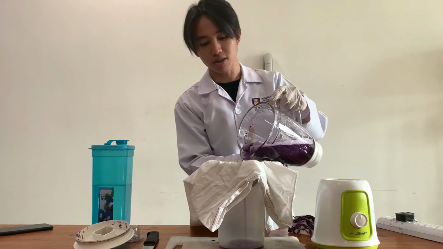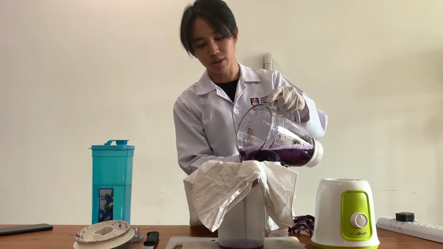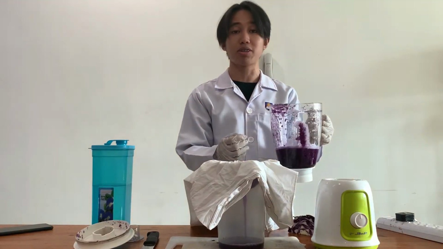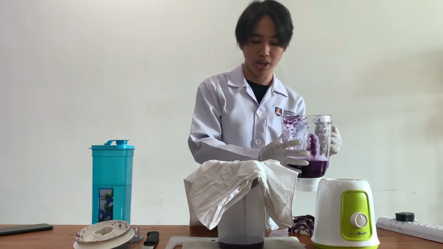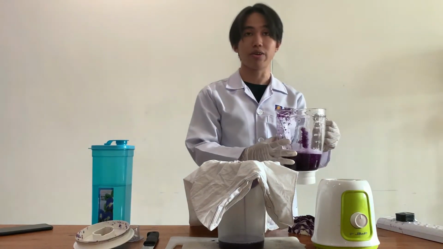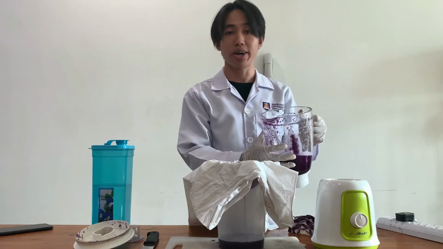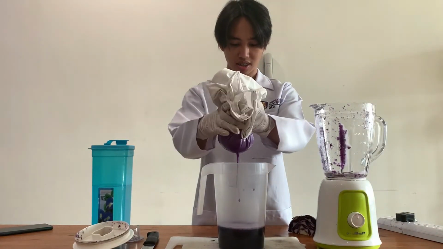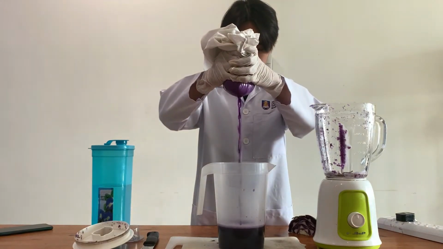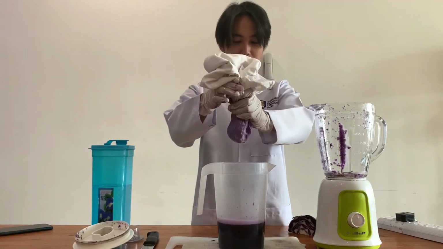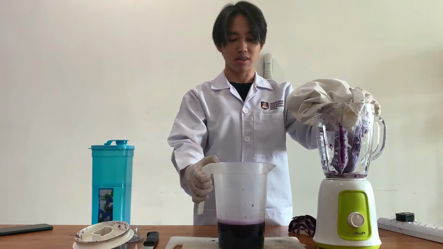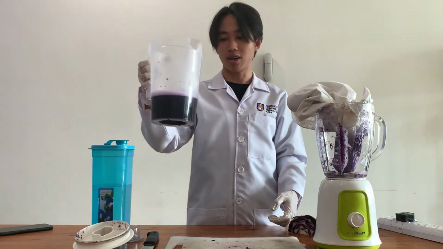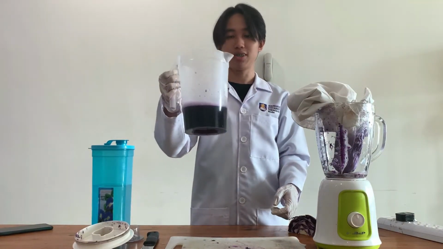So this piece of cloth is used to filter all these small pieces of red cabbage, and we might use only the solution of the red cabbage. This may take a while. There we go. We have the red cabbage solution.